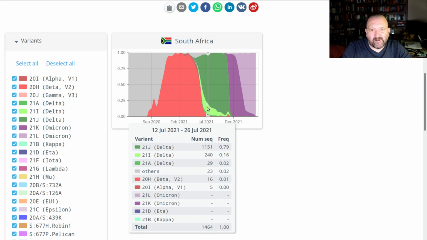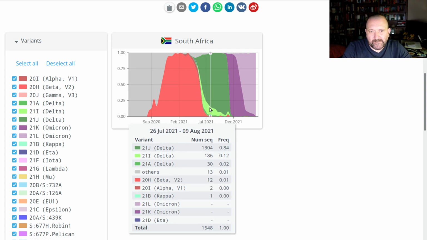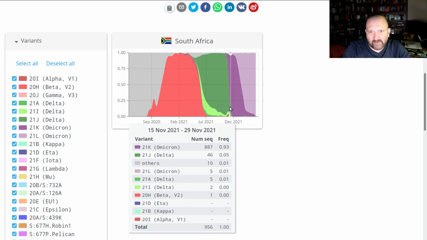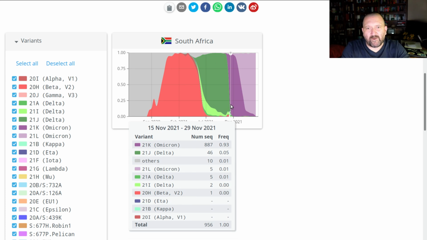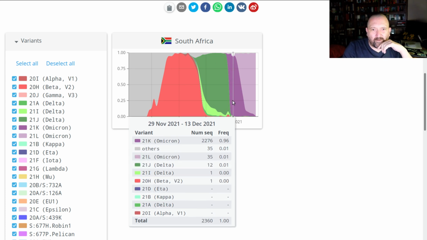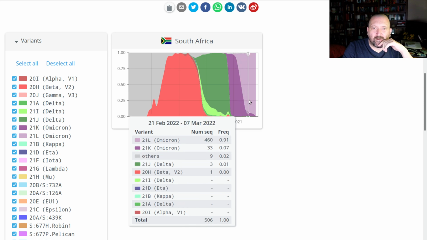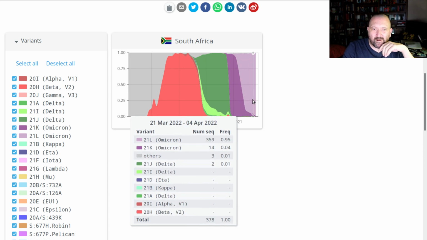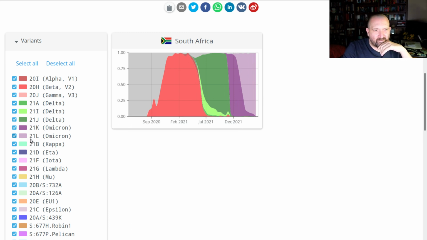And these are the SARS-CoV-2 variants present at a given instant in time. So this is throughout the course of SARS-CoV-2, and you can see how Omicron took over for quite some time, and now we're in another Omicron variant. But so you have them here, 21K, 21L here.